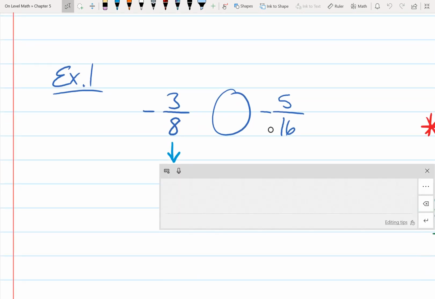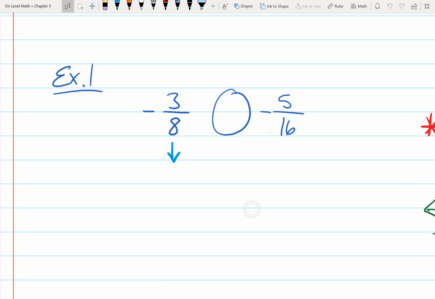So I've got to multiply my 8 by 2 to get 16. What I do to the bottom, I do to the top. So I multiply the top by 2 and I get 6. Now don't forget that both of these are negatives, and I'm just going to rewrite my entire problem.